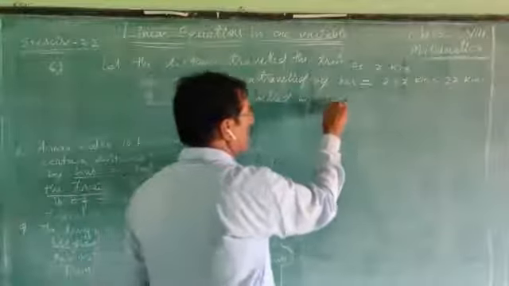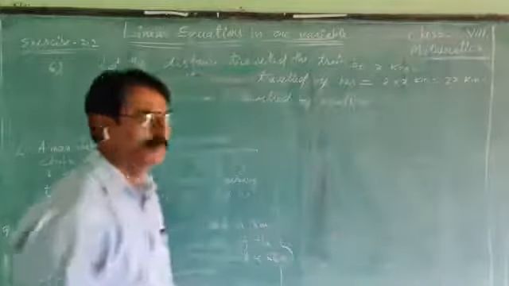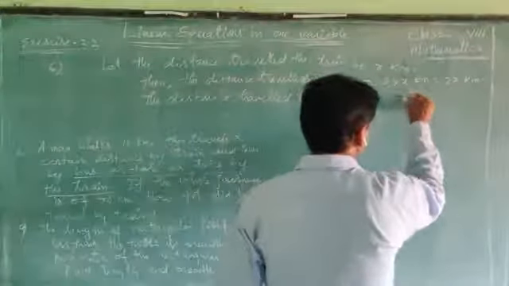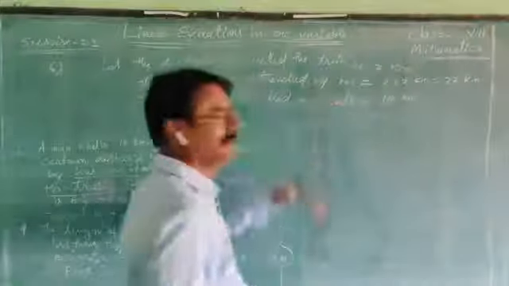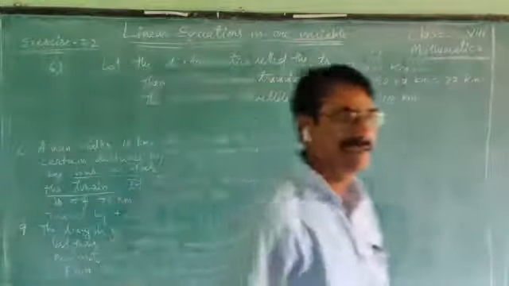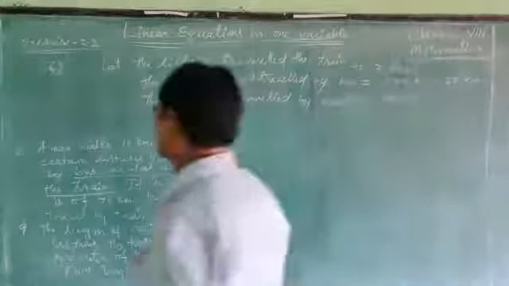By walk, given that is 10 kilometers. Yes, we know 3 distances, by train, by bus and by walk. Sum of these is the total distance.